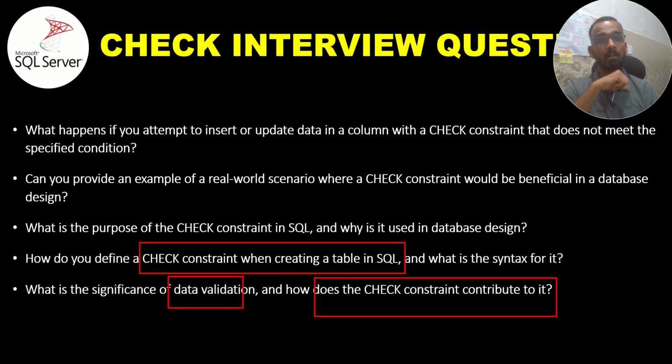Basically, we do validation whenever we are doing any kind of operations, mathematical or logical, as we read in the previous slide. Whenever you provide a check constraint on a particular column, if the scenario is met, then it will work, otherwise it will throw an error. So you can say this is the significance of data validation.